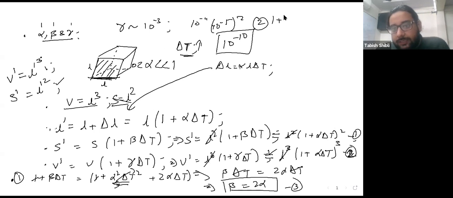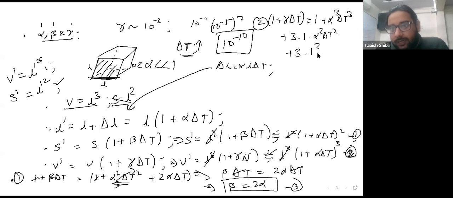This says that 1 + gamma delta T is equal to (1 + alpha delta T) whole cube, which is equal to 1 cube + alpha cube delta T cube + 3 into 1 into alpha square delta T square + 3 into 1 square into alpha delta T. Lovely.